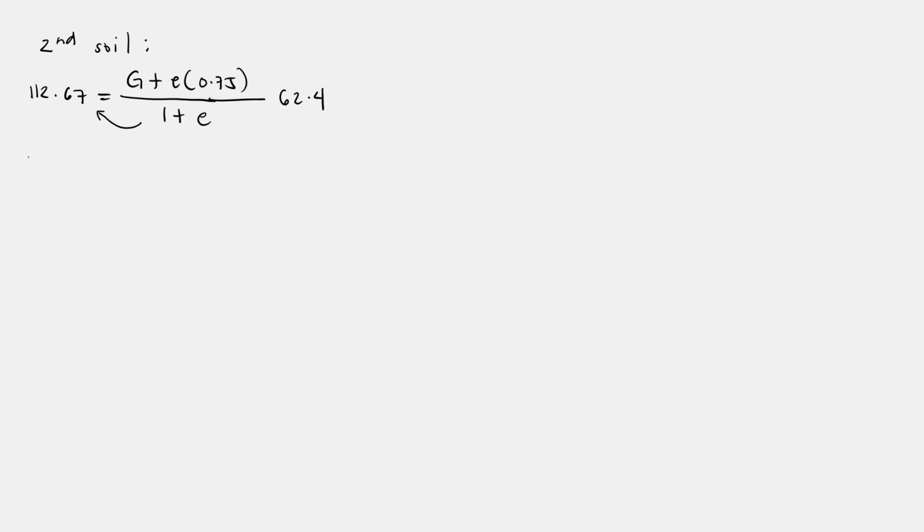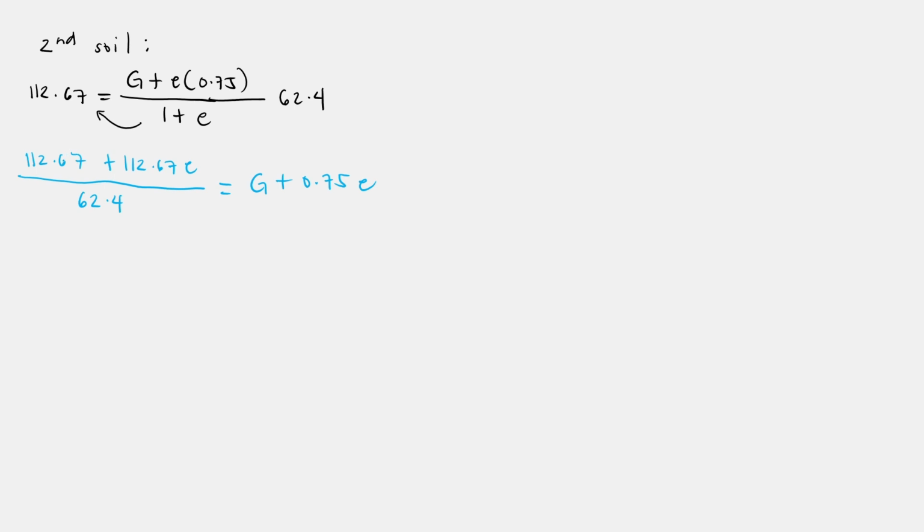So, 112.67 plus 112.67E. And then, divide natin siya sa 62.4 para makancel yung unit natin na pound per cubic foot. Ayan. So, is equal to G plus 0.75E.